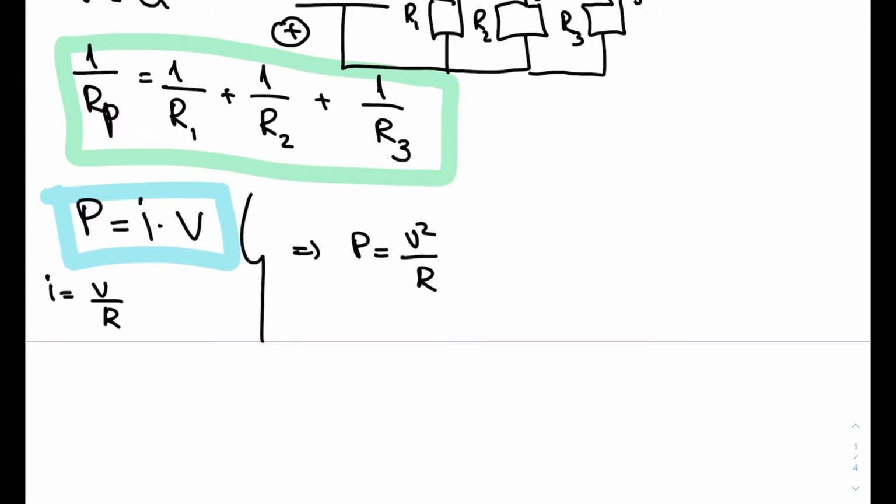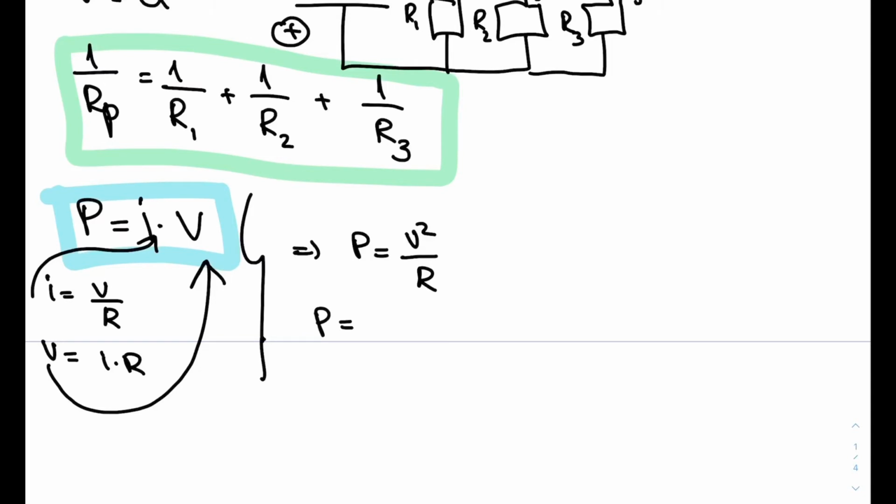What if we now replace V with I times R, also from Ohm's law? So we will replace V like this, and here we replace I like this, okay? Then we also know that power will be equal to I squared times R. So here are three formulas that you should never forget.